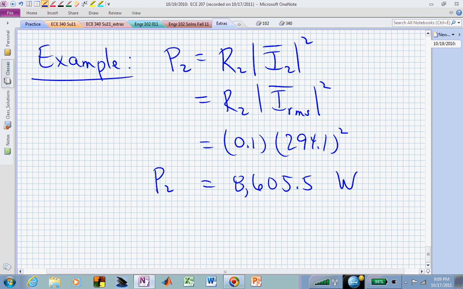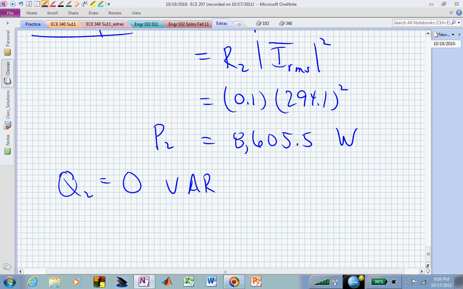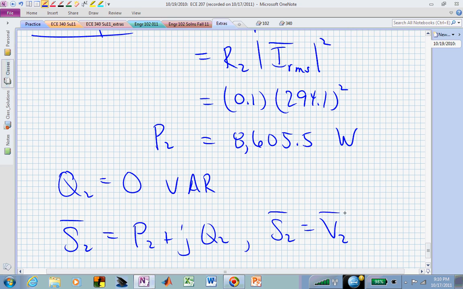We know that it had a reactive part equal to 0 VARs, and then we know that the complex power, S sub 2, was P2 plus JQ2, and that's also equal to V sub 2 times I sub 2 conjugate.